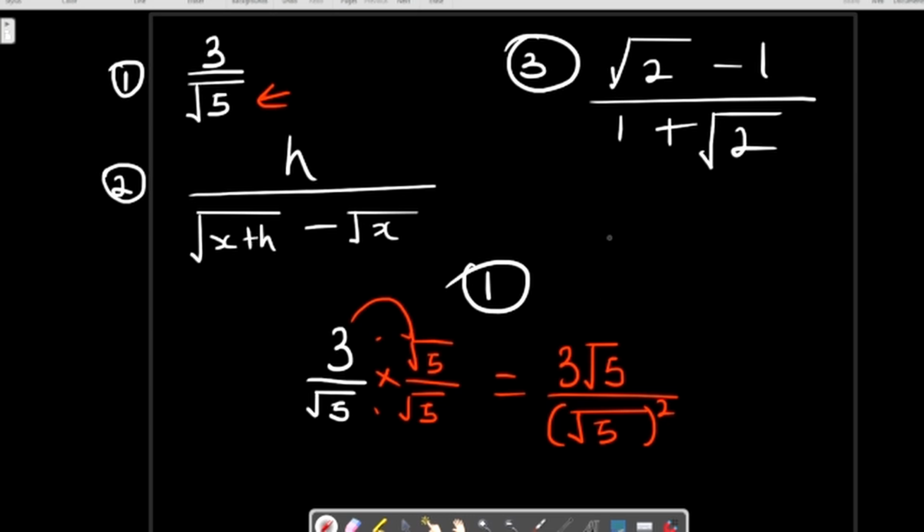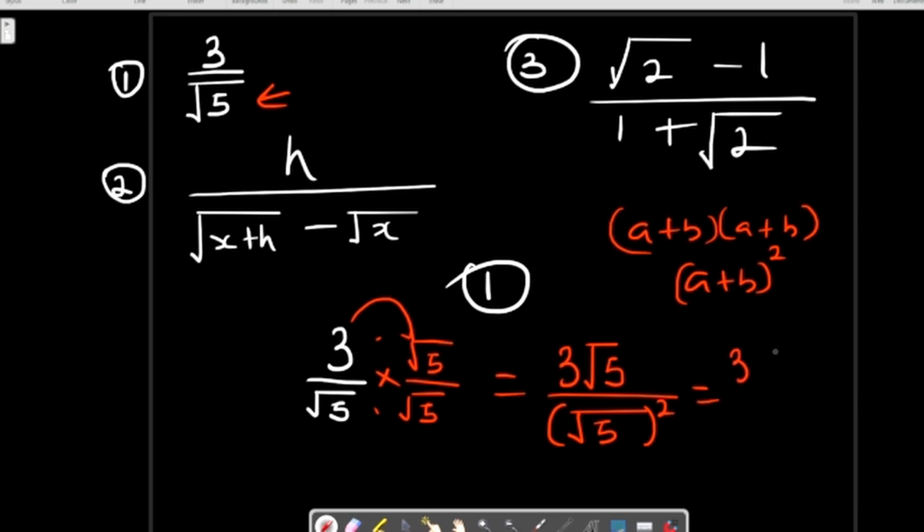It's just like when you have something like, let's say, a plus b multiplied by a plus b. Since they are the same, it's now going to be a plus b all squared. That's exactly what we did here. And then what happens next is that we leave the numerator as it is.